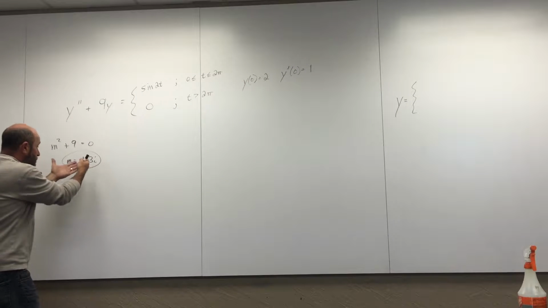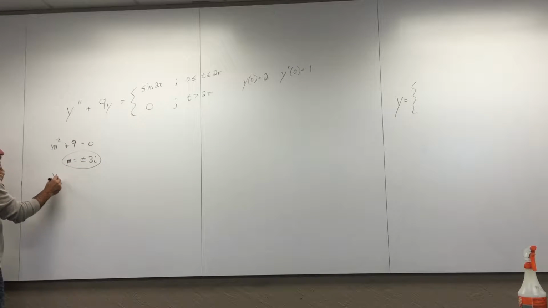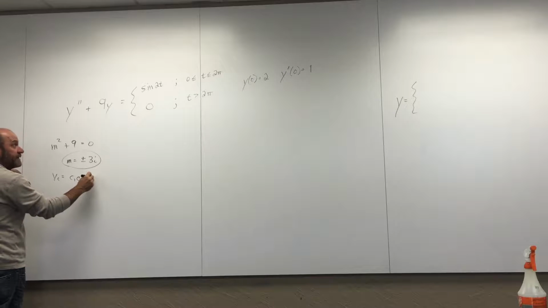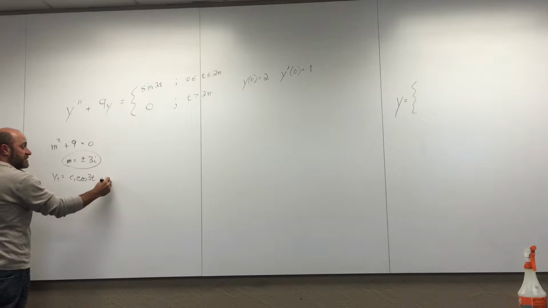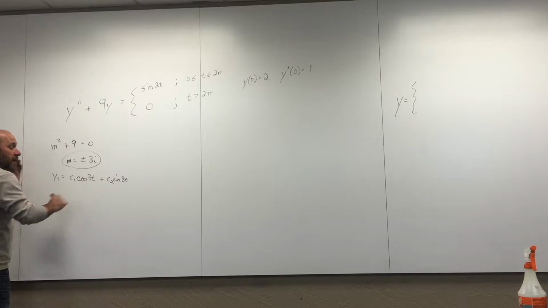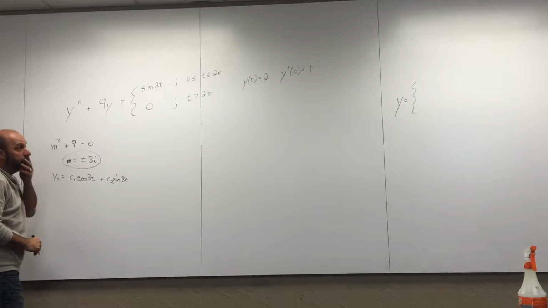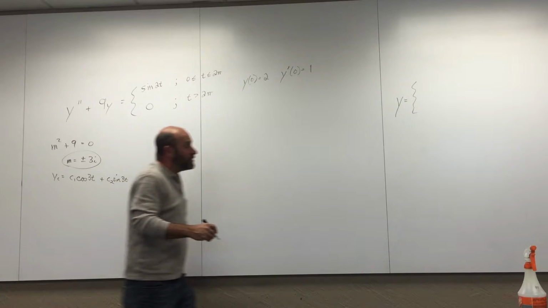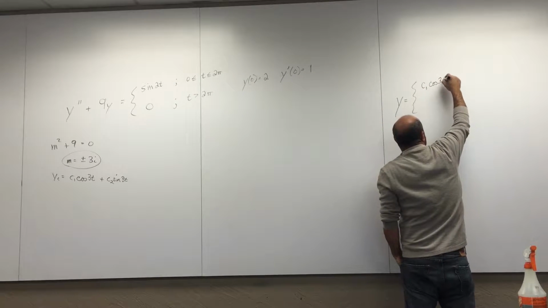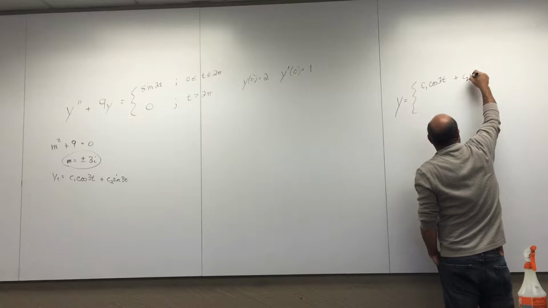The yc comes from this, and it would be c1 cosine 3t plus c2 sine 3t. Okay, that would be the yc. I think I'll just sort of put that up there. That's C1 cos 3t and C2 sine 3t.